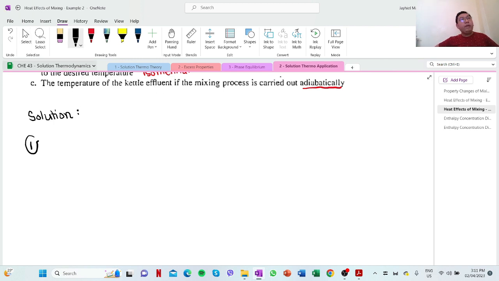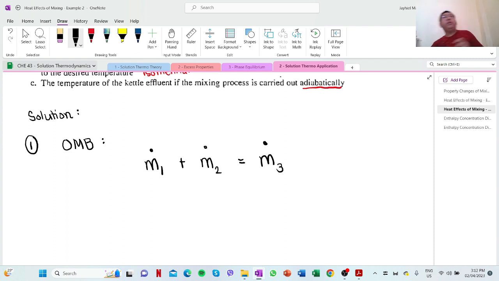Let's start with the OMB, or overall material balance. Very simple, similar to the example earlier, but this time we are going to use flow rates. That will be M1 dot plus M2 dot equals M3 dot.